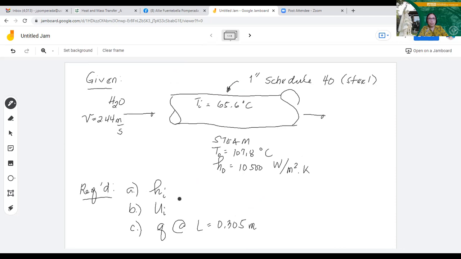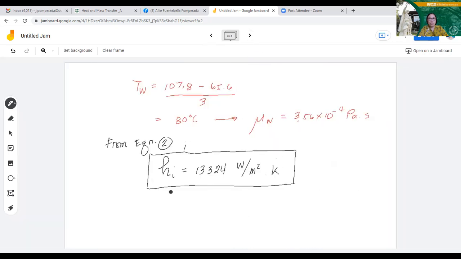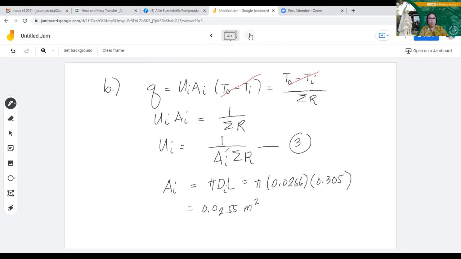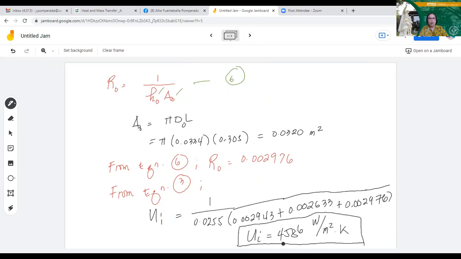If we go back to the unknowns to recheck, our first unknown is h sub i, our second unknown is U sub i, and our third unknown is Q. So your h sub i is this, using first the assumption that is suggested. Your U sub i, based on that assumption as well, because your h sub i will be used in determining the R sub i, is 4,586 watts per square meter Kelvin.